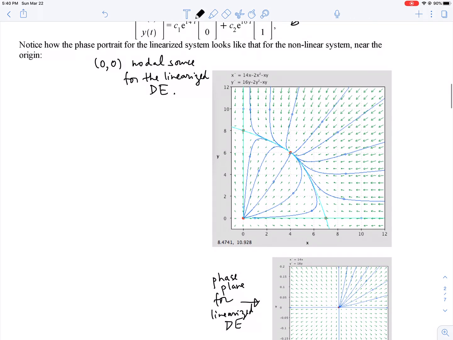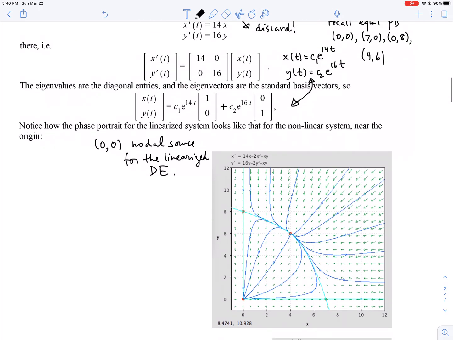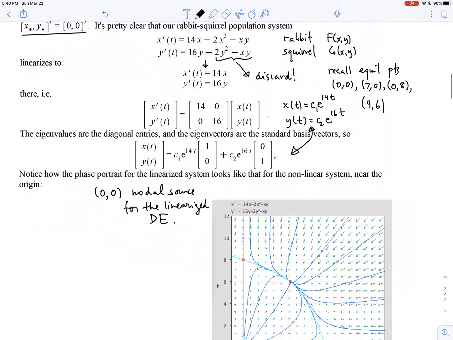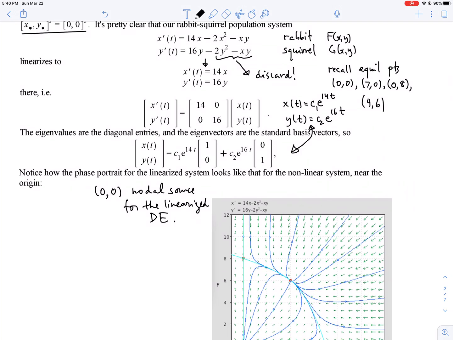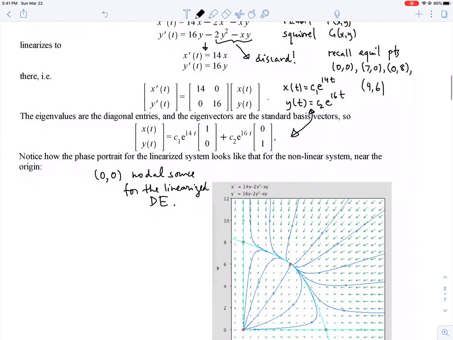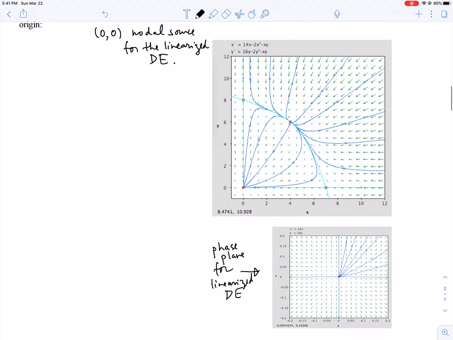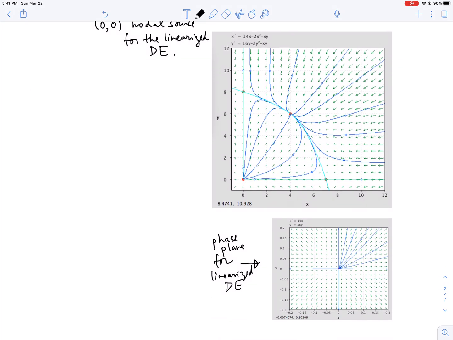And then for the actual DE, when x and y are small enough, that system, x prime equals 14x minus 2x squared minus xy, and y prime equals 16y minus 2y squared minus xy, it makes sense that the solutions for that nonlinear system will look close to the solutions for the linearized system, and sure enough, that's right. So you'll notice on this graph of the linearized system near the origin, it's only going from minus 0.2 to 0.2 in both directions.